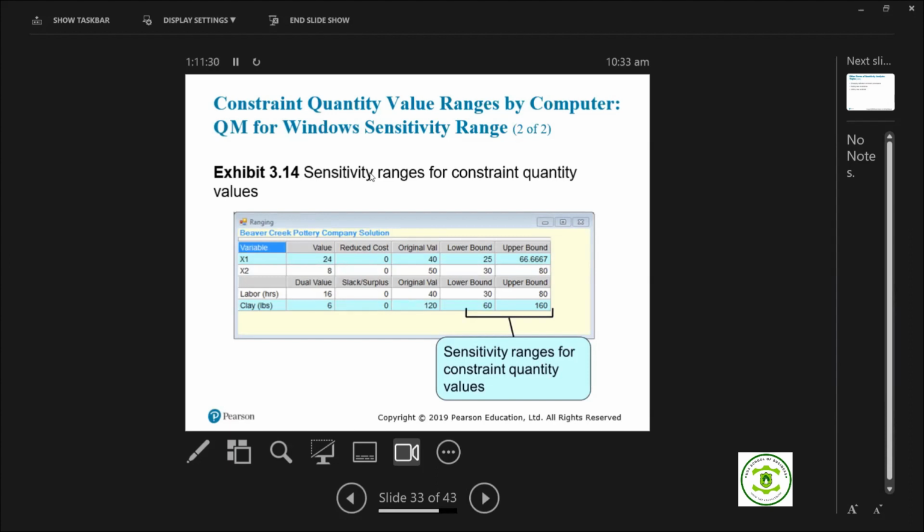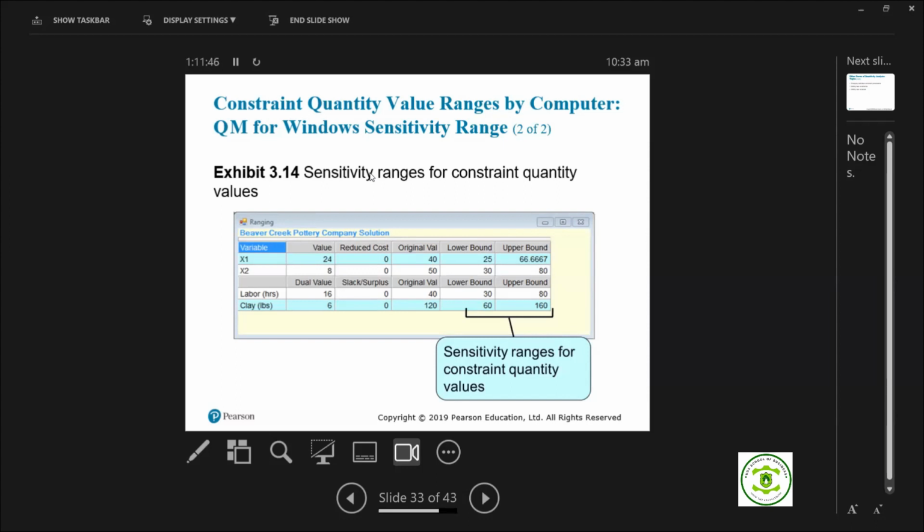But if it decreases beyond $25 per volt, then the optimal value will no longer be 24 volts. That's what it means.